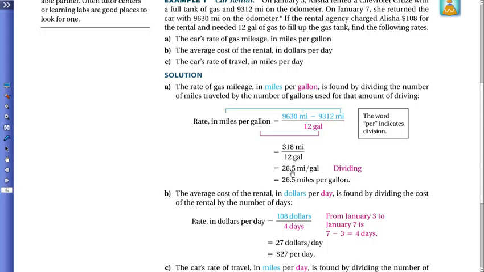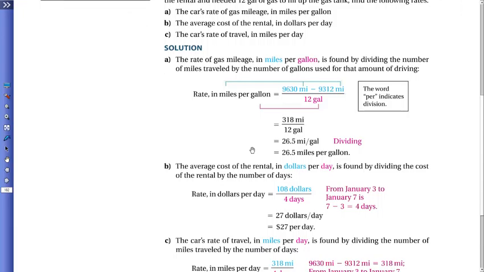So what we end up with is 26.5 miles per 1 gallon by that division. Still a fraction. This fraction is equal to this fraction. We just express rates with the denominator equal to 1 of something.